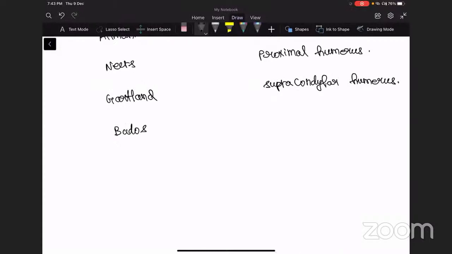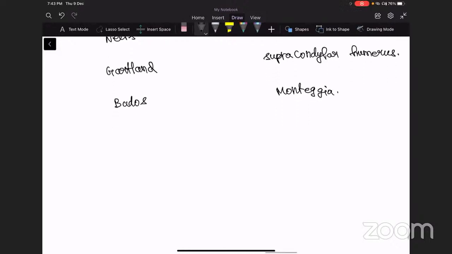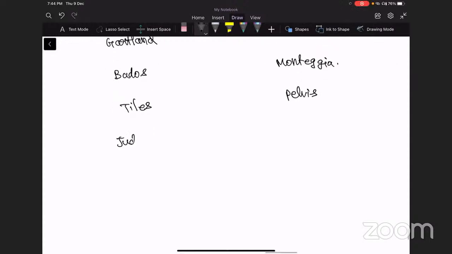Radas classification is for Monteggia fracture. Tile's classification, fracture pelvis. Judet and Letournel classification for fracture acetabulum.